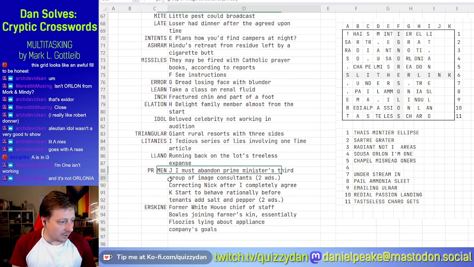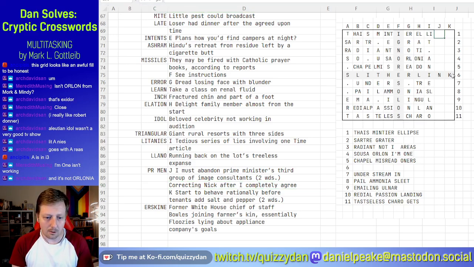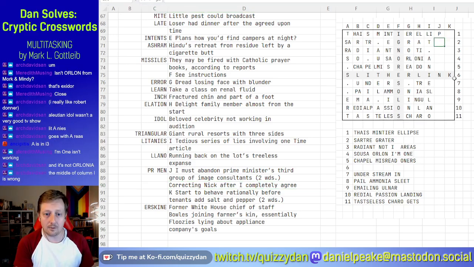Has anyone got the correcting Nick after I completely agree? I'll put PR men in whilst I can. P goes there. Ooh, nothing there. The middle column I is wrong. The middle, well, that's I. Middle of column.